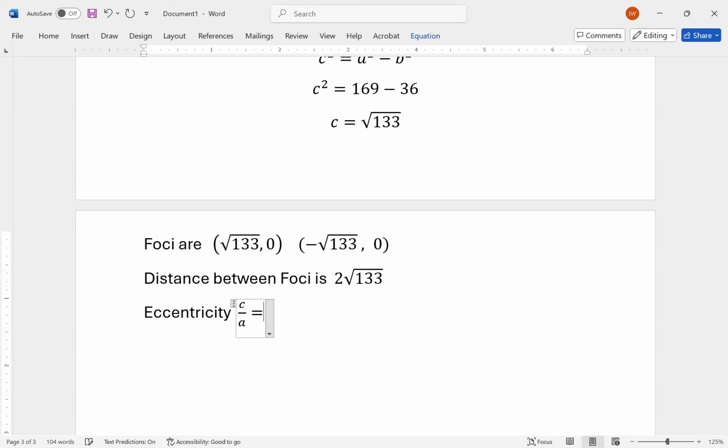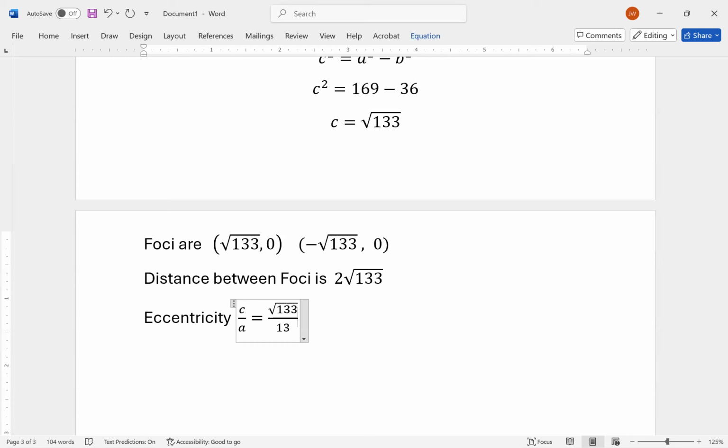And then the eccentricity is going to be the square root of 133 divided by 13. So that would be the eccentricity.